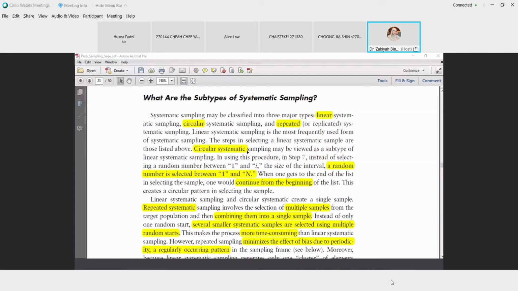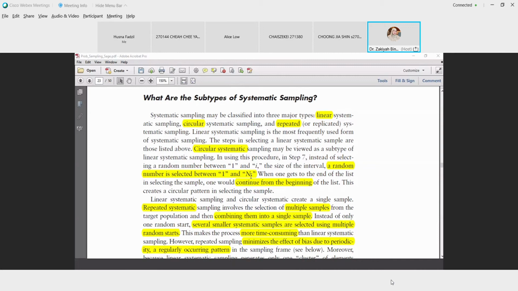Now, for circular, the name suggests that it is circling. So what happens is, for linear, your first element in your sample, you take between 1 and K. For circular, you generate the random number, the first element, between 1 and big N. So if your population size just now was 1,000, between 1 and 1,000, that means you do not start from the beginning.